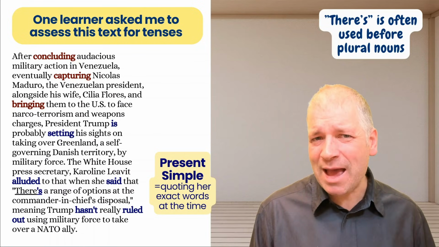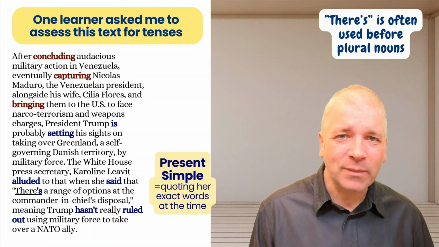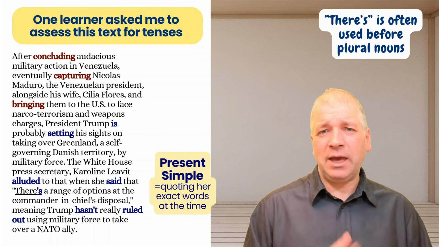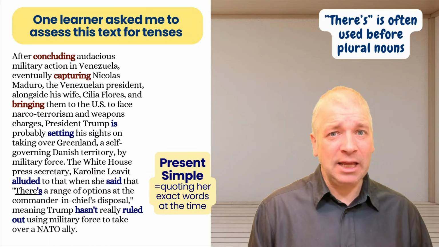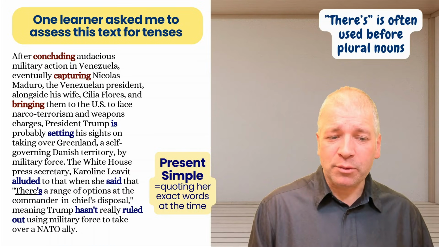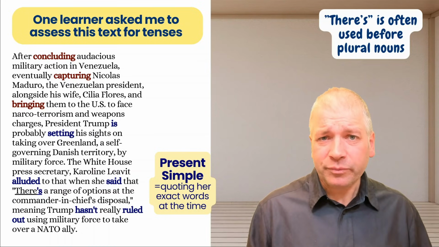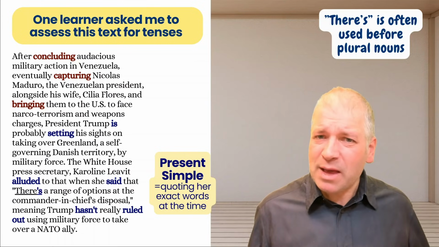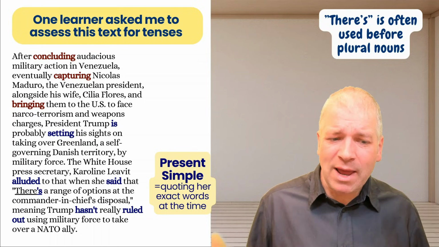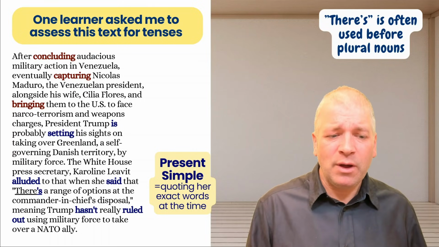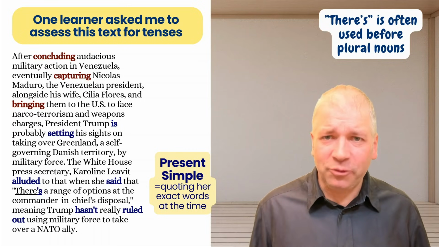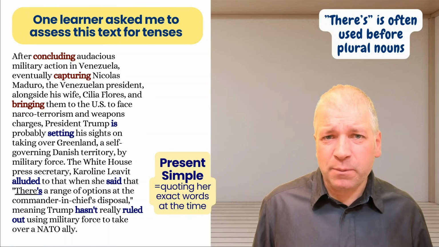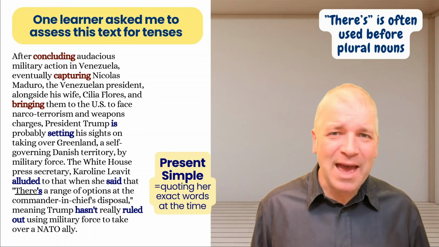Now, why is it there's and not there are? It's a bit of an odd thing in English grammar. Technically, it should be there are, because a range of options is a plural form. Let's even take out a range, even if we just have there are options. English speakers will often use there's anyway.